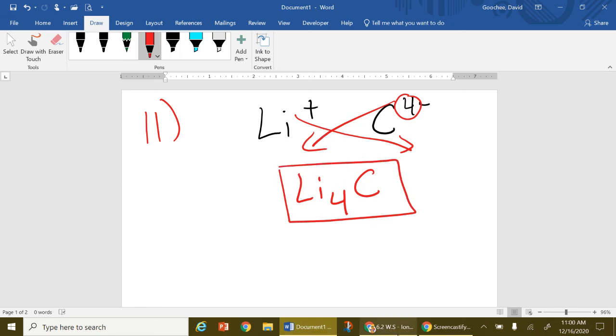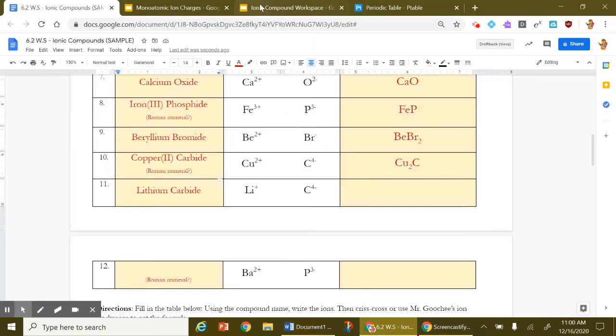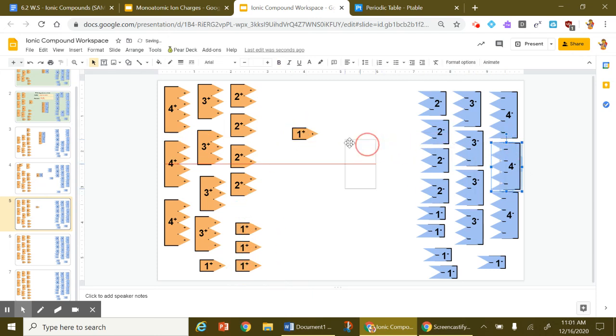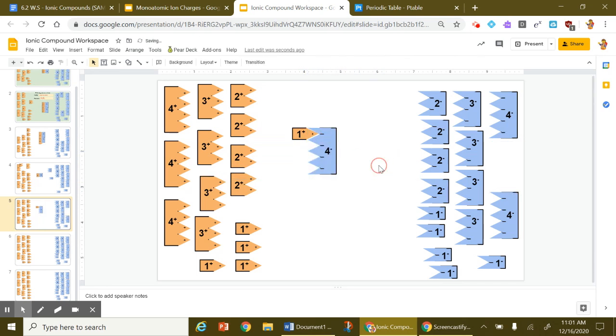Just to be sure that I'm doing this correctly, I'm going to pop in here and take a look at this ionic compound workspace. So lithium is +1. Carbide is 4 minus. Let's see here. That doesn't work.